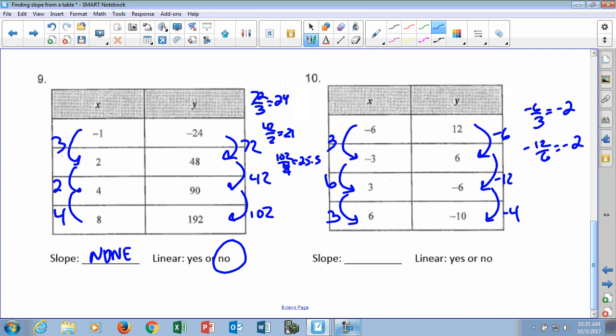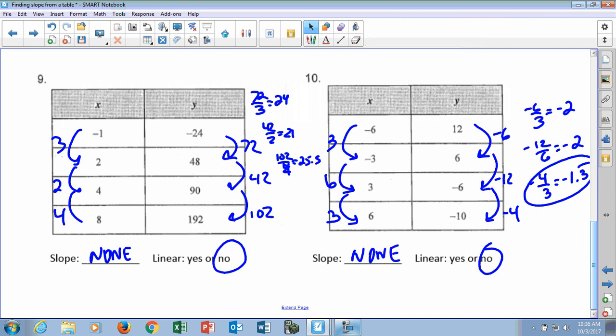So far, so good, right? But look at this. Negative 4 over 3 is what? So is that a constant rate of change? No, because this number screws it all up. So there's no slope, and it's not linear. Because, again, no constant rate of change.